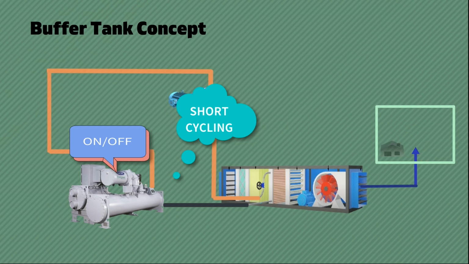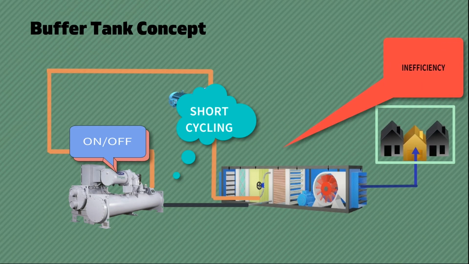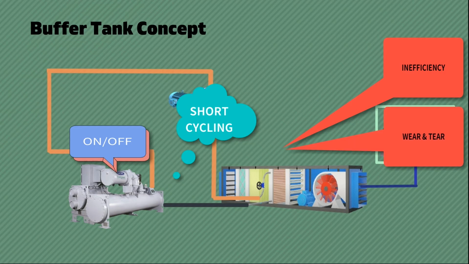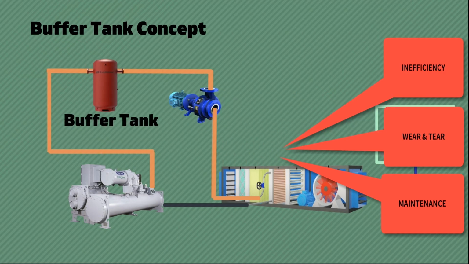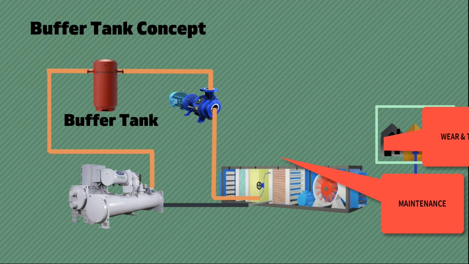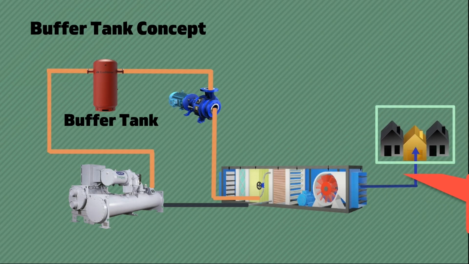It will result in reduced efficiency, wear and tear, and it will be a problem for maintenance. So what will we do? We will introduce a tank that is called a buffer tank, which will resolve our problem. It means the system will be efficient, there will not be any problem of wear and tear, and the maintenance issue will be resolved.